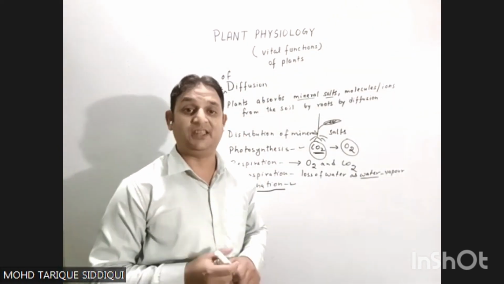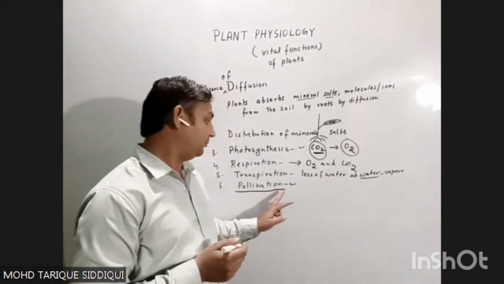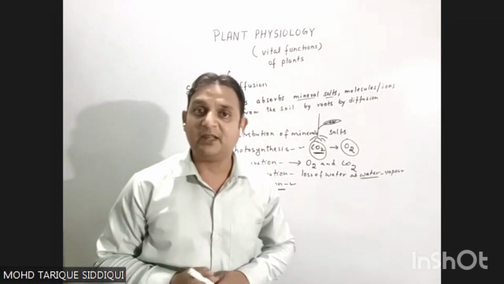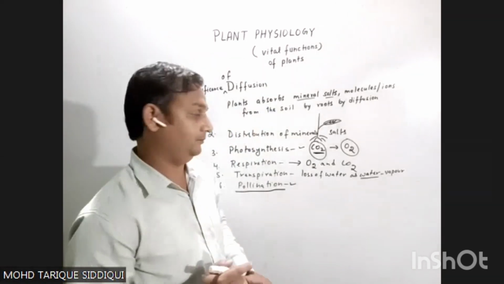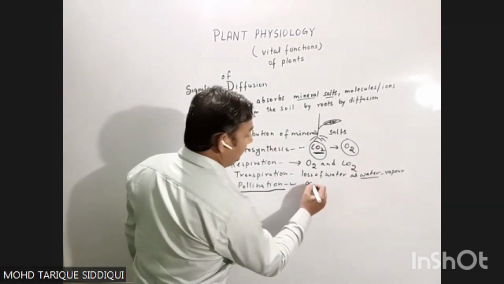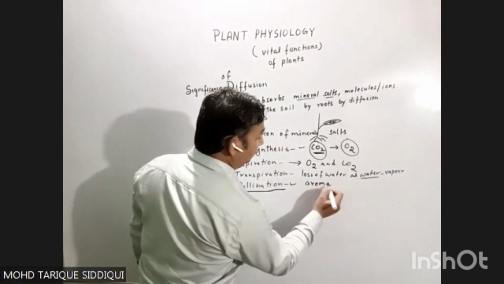Now how in pollination? To write it in pollination, insect pollinated flowers produce aroma. In Hindi we call it khushbu.